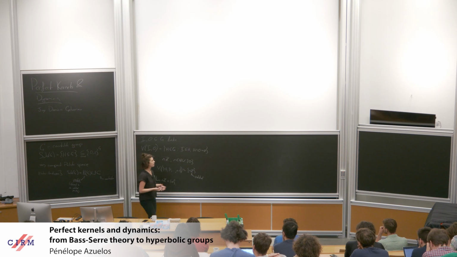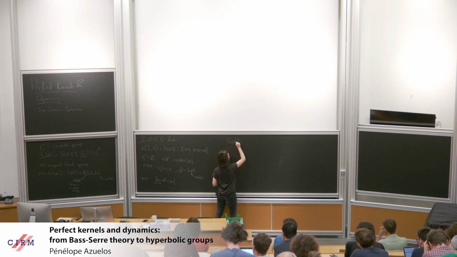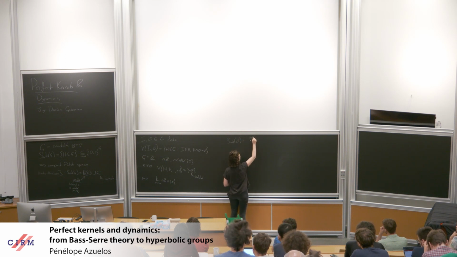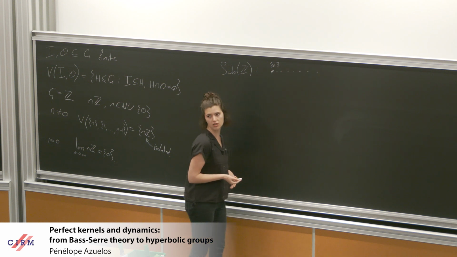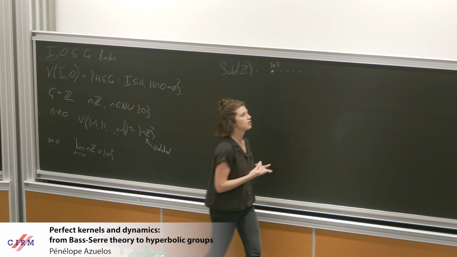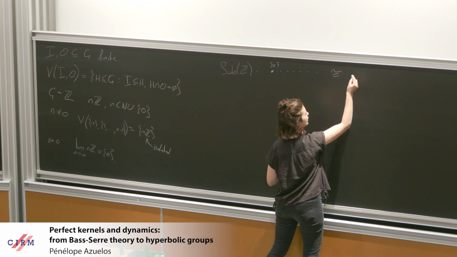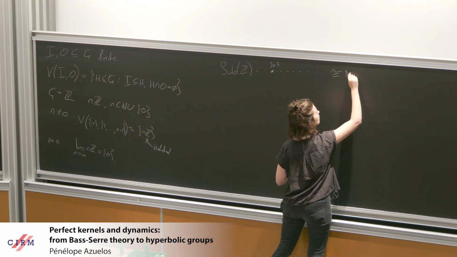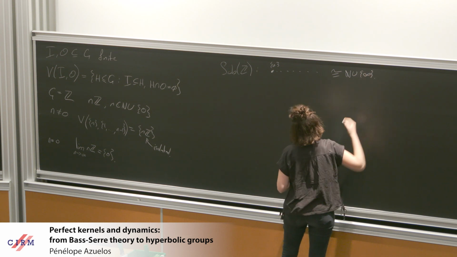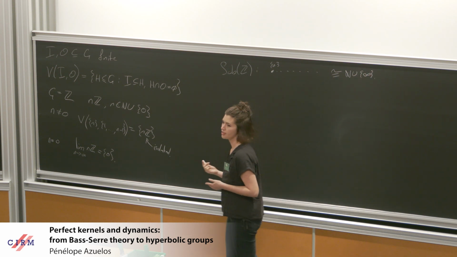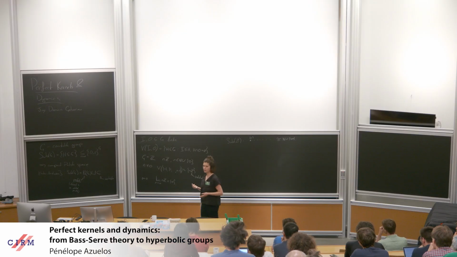So what this space looks like is you have one point, the trivial subgroup, which is approximated by every other subgroup of the integers, each of which is isolated. This is homeomorphic to the one-point compactification of the natural numbers. And clearly here, the perfect kernel is empty because there's no perfect subspace.